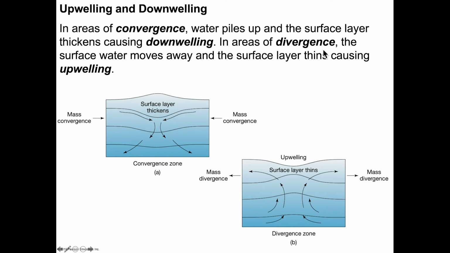In areas where there's divergence, where surface waters are moving away from one another, we have a divot in the surface layer. It's thinned out. The ocean strives to equalize by bringing water up from the depths. This upwelling turns out to be very important for bringing nutrients from deep water. Basically, biological productivity at the surface captures nutrients mixed with organic matter that's generated by photosynthesis.